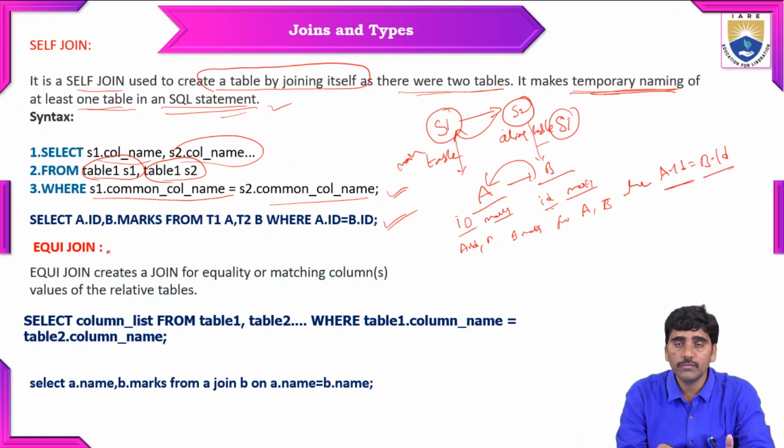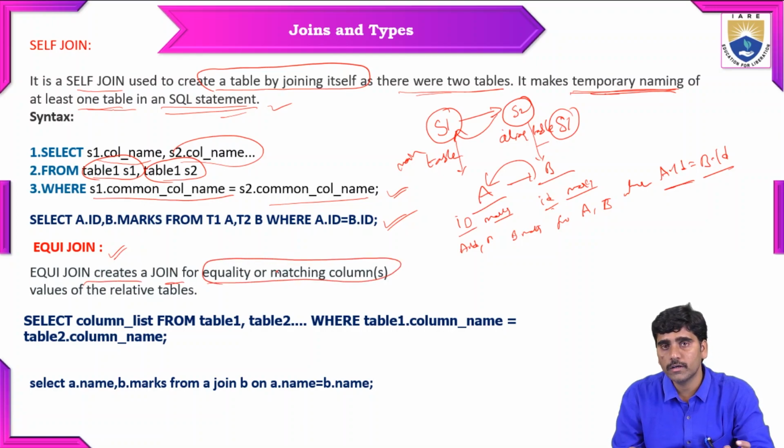And next one, equi-join. Equi-join creates a join for equality or matching column values of the relative tables. So here the equality of the matching columns will be joined together.